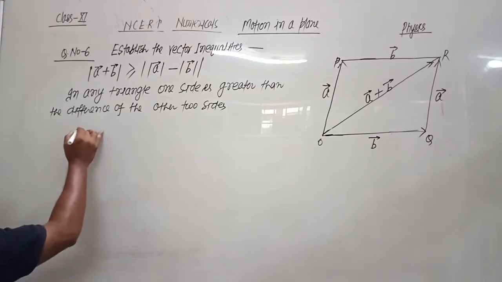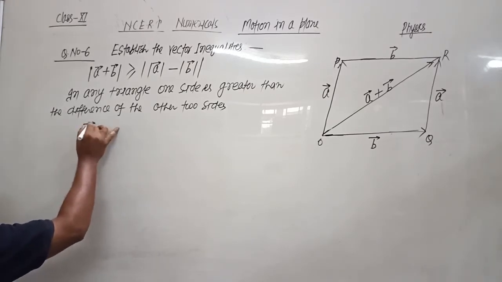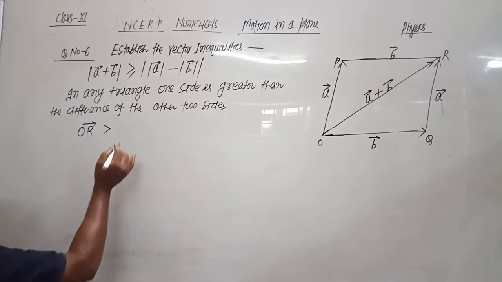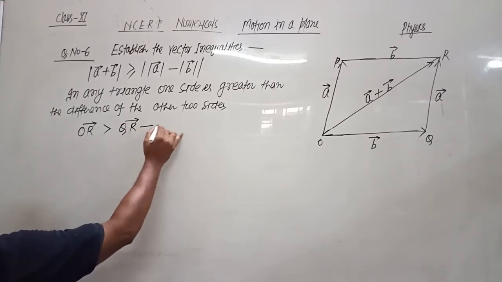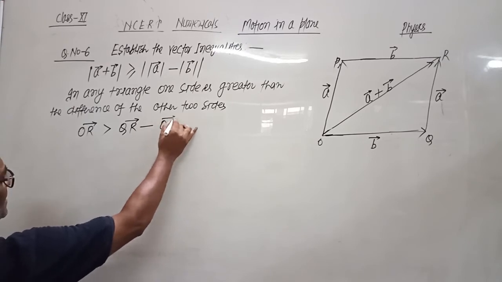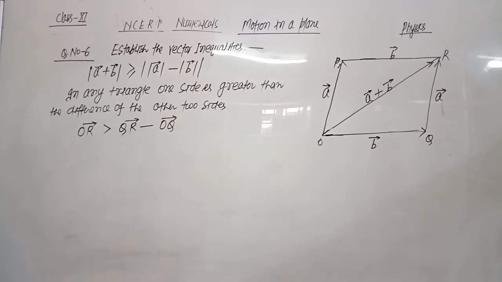So we can write that vector OR is greater than vector QR minus vector OQ. The third side is greater than the difference of the two other sides.